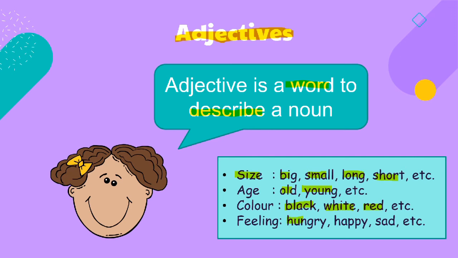I'm hungry, I'm happy, I'm sad. Nah, all the words that I highlight here, they are adjectives. Actually, there are more than that, but I just give the examples that the words are familiar to you. Okay, you know these words. So it's clear about adjective. Now let's move to the next.